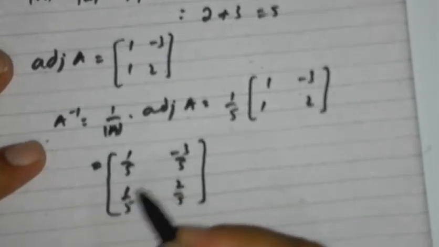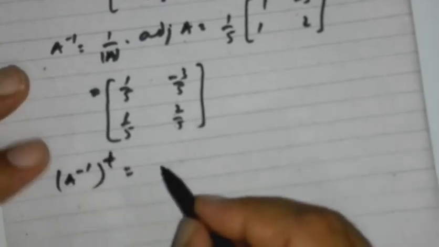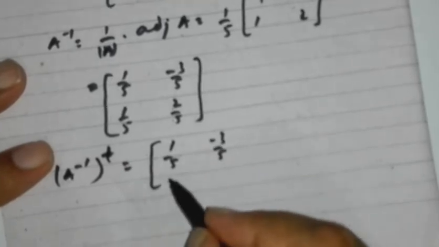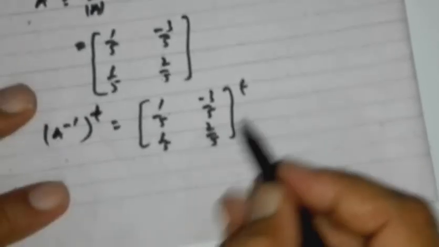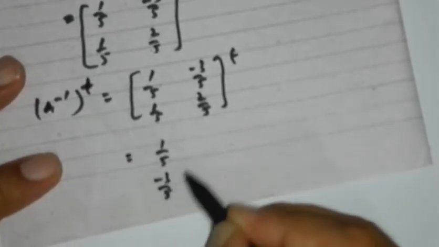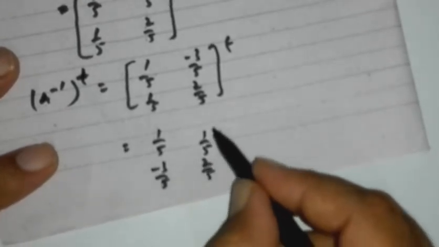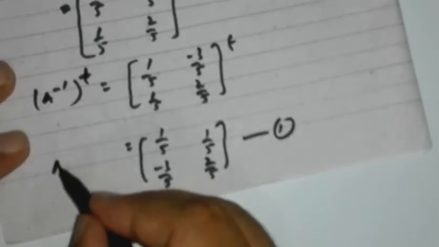This is A inverse. Now take A inverse transpose. We get 1 over 5, 1 over 5, minus 3 over 5, 2 over 5. Say this is 1, A inverse transpose.